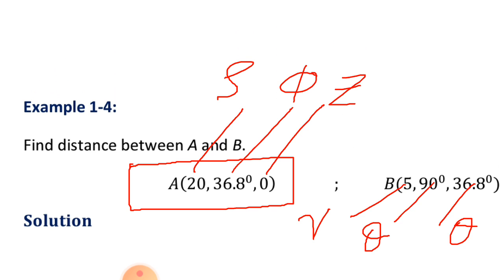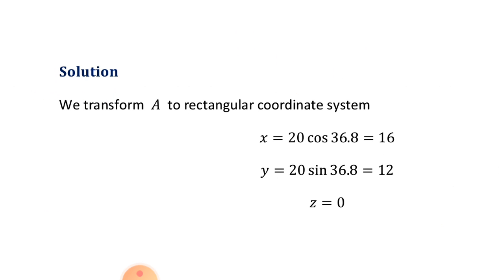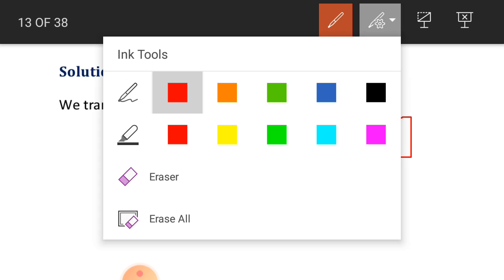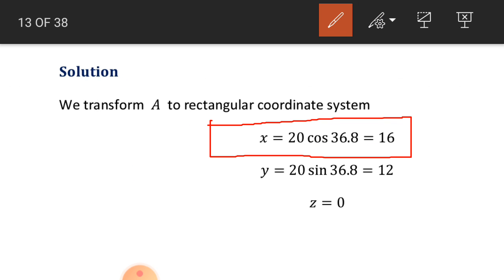So let us transform this first point from the cylindrical coordinate system into rectangular coordinate system. We know that x is equal to rho cos phi. Rho is 20, phi is 36.8. So x is 16. The x coordinate of this point is 16.